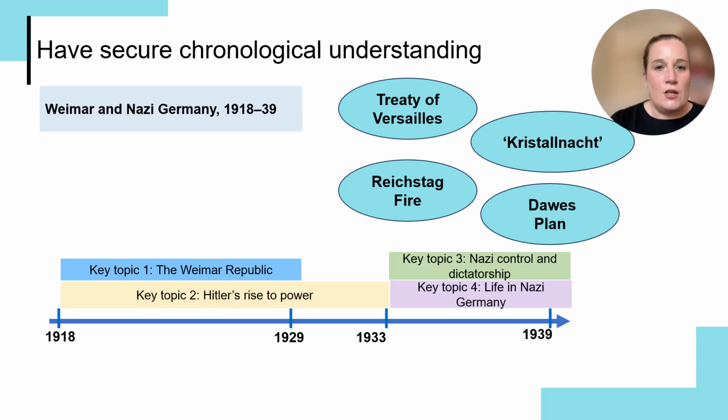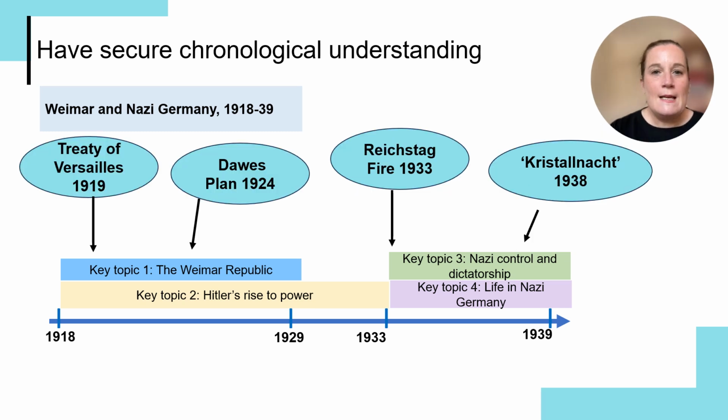It is important that you have secure chronological understanding of the events for your Paper 3 exam. So let's use the Germany paper as an example. Can you put the following events here into the correct chronological order? Do you know what comes first? Let's take a look at the answers.